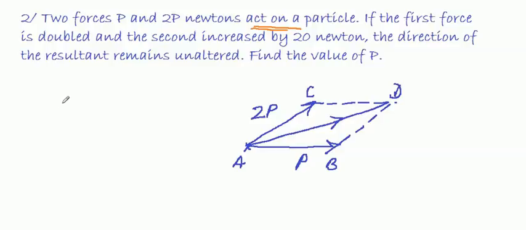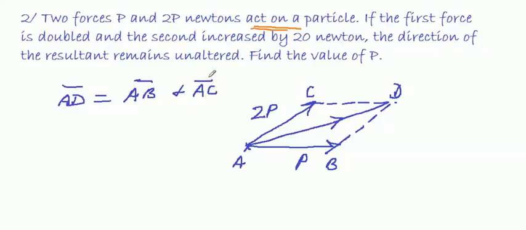Okay, so AD bar is equal to AB bar plus AC bar. Yeah, all right.